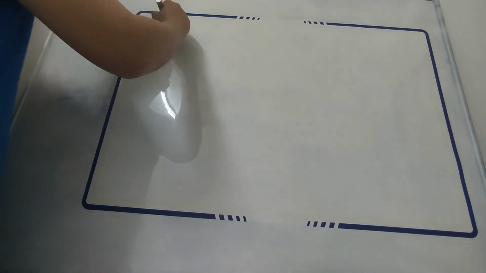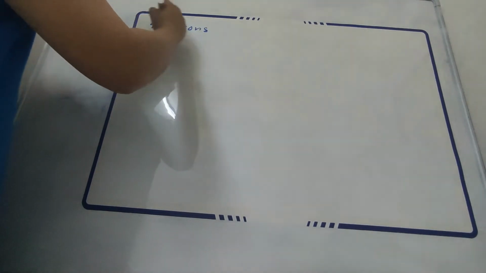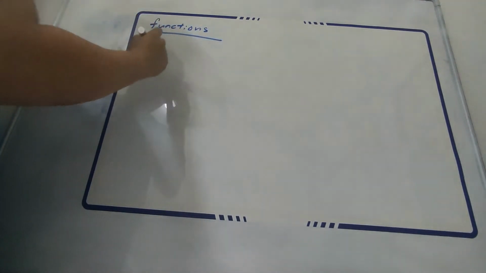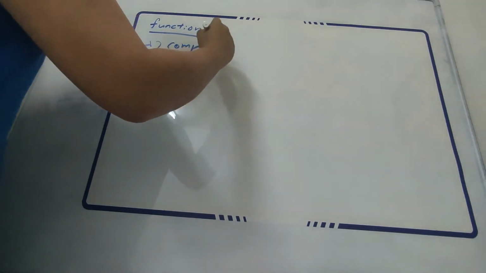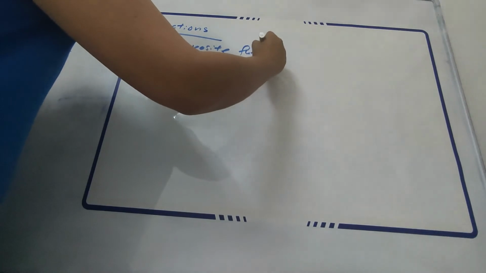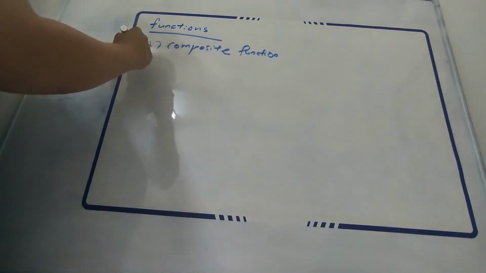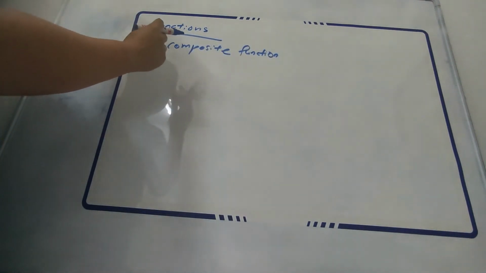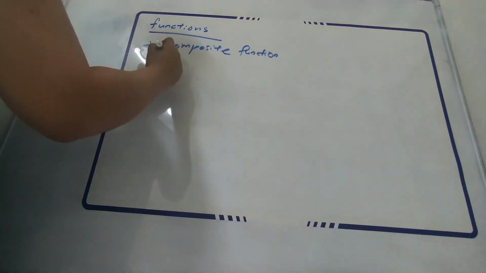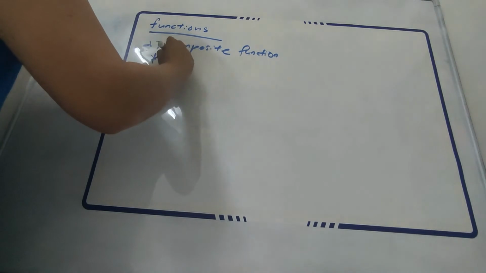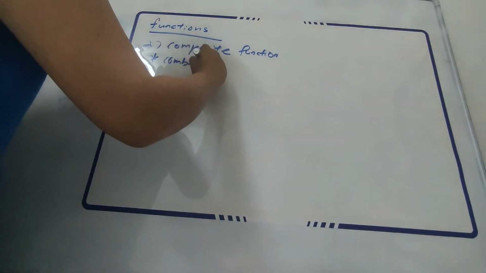In functions, you also will learn 2 types of simple functions. The first type is composite function. Composite function involves combining 2 or more functions.